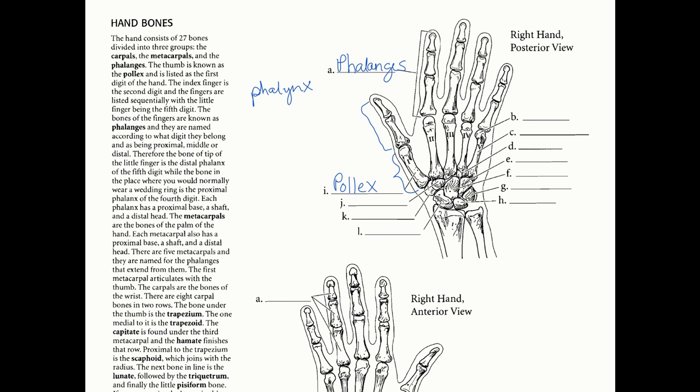And then, if you can see here, each metacarpal has this rounded region known as the head. C, we're looking at this straightened region of the metacarpal, and that's the shaft.